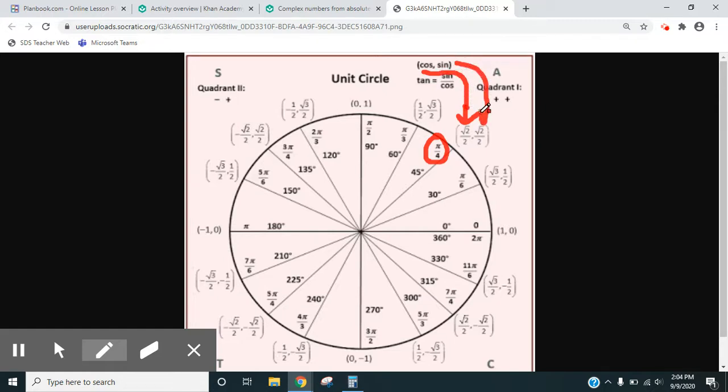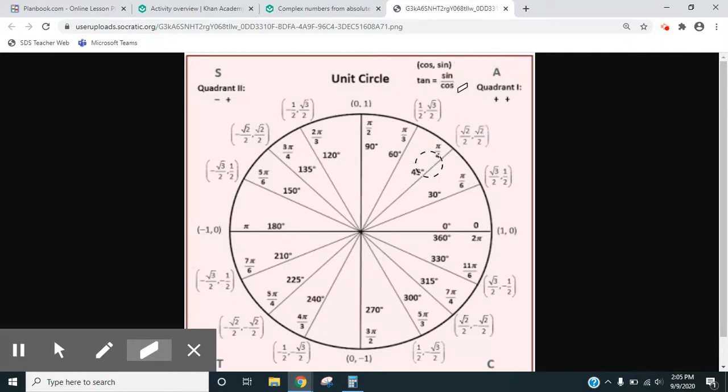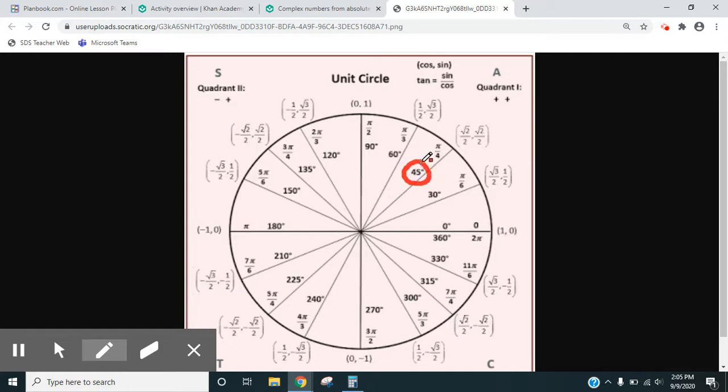The second coordinate is the sine. So if we're asked to find the cosine of 45, my thought process goes like this. I'm going to look, all right, let's find 45. Then I look, there's the cosine, there's the sine. Right there.